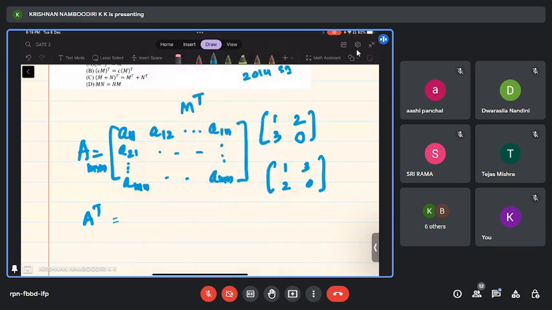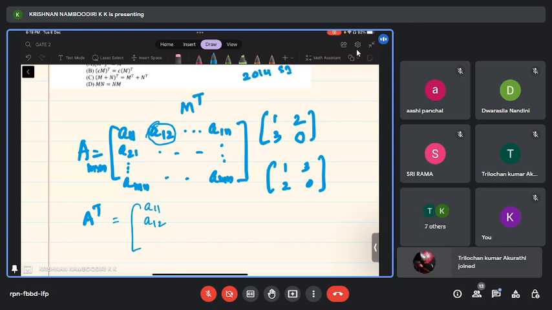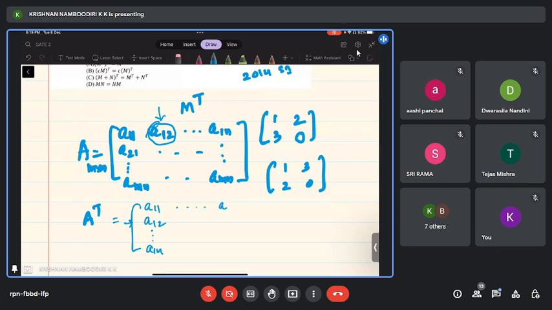The entry A12 in A transpose comes in the second row, first column, whereas it was in the first row, second column. Just interchange that position, that ordering. That's it. I'm just explaining for the sake of completeness; I know all of you know this. So this is Am1, this is Am2, and Amn.